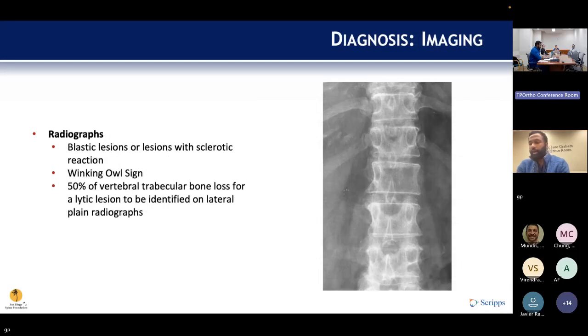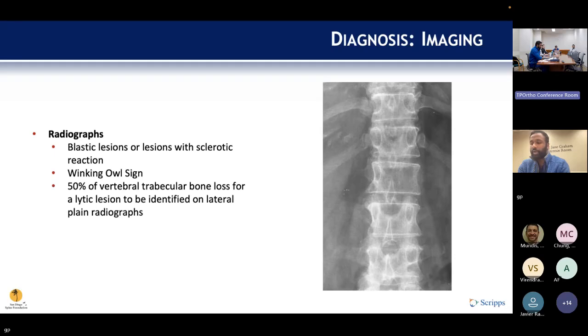Initially, like anything, you want a basic plain radiograph, AP and lateral of the involved area, and you can typically find either purely lytic or mixed lytic and blastic lesions. Lung, thyroid, and renal are primarily lytic, while 60% of breast cancer is blastic, as well as 90% of prostate cancer.